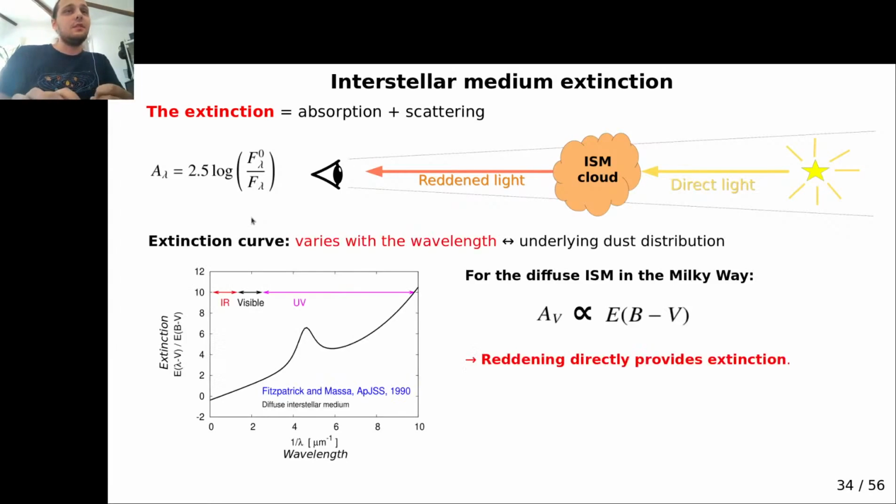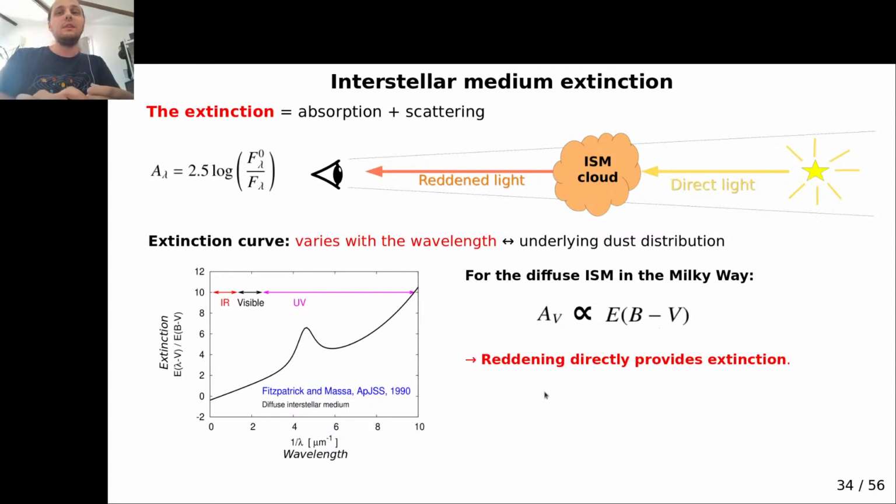This extinction varies as a function of wavelength, as illustrated in the equation here, and it allows us to define what we call extinction curves, which correspond to an underlying dust distribution. And in our case, for the diffuse interstellar medium in the Milky Way, we can consider that this extinction can be characterized directly by the reddening, the observed reddening of the light.